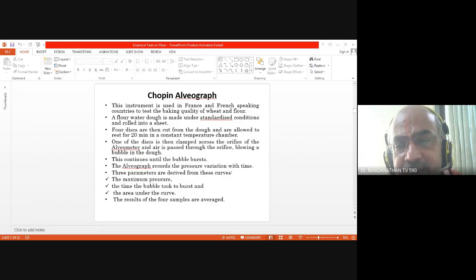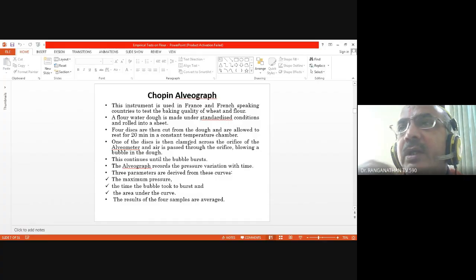Again, it is an indication of the gluten strength and the amount of gluten. So the alveograph records the pressure variation with time. What are the things? The maximum pressure that can be withstood, the time the bubble took to burst, and the area under the curve. Now, area under the curve will give you the maximum strength of the dough.